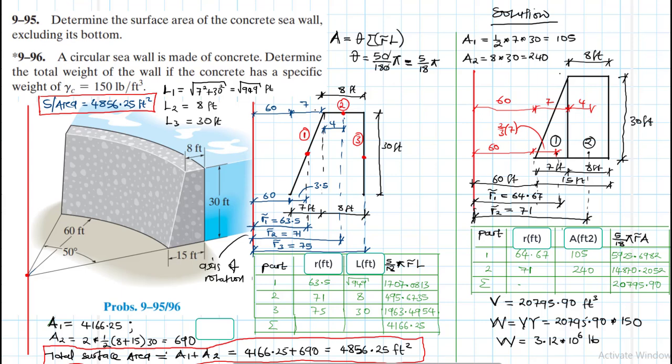Okay, so that is the total weight of concrete. Can I put it down here? Okay, I put it there. So in blue I say weight of concrete equal to 3.12 times 10 to the power 6 pounds.